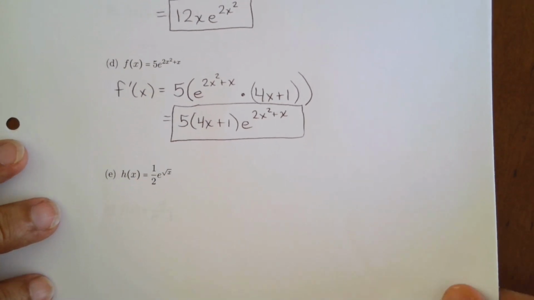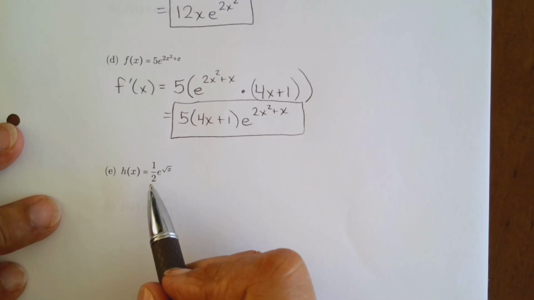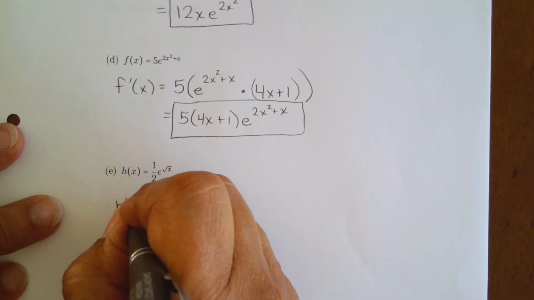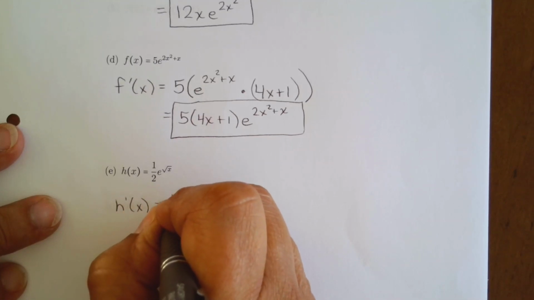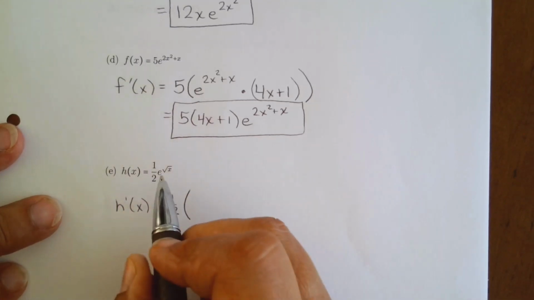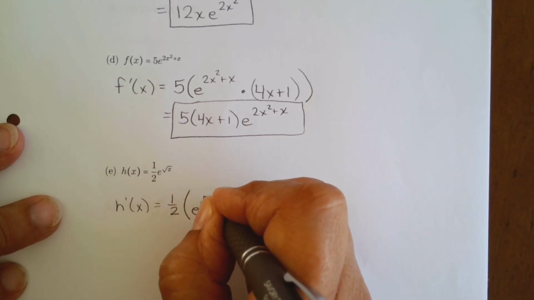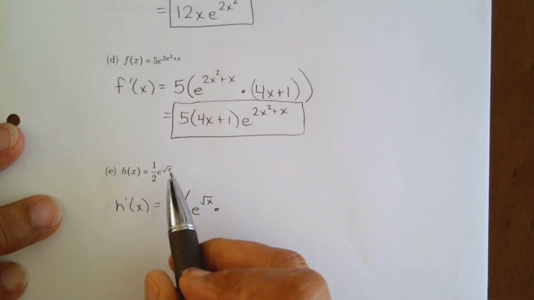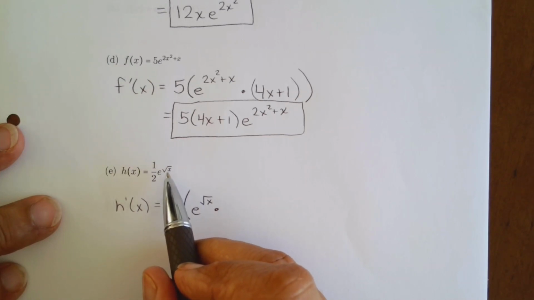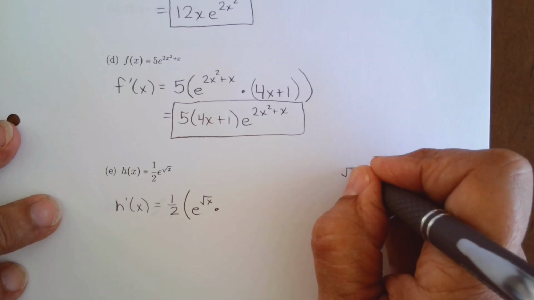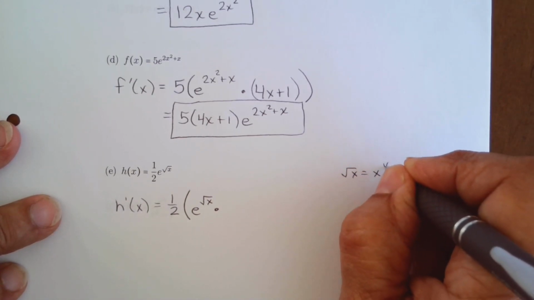All right, so part e again is 1/2, that's a constant, and then e to the square root of x is your function. So the derivative, leave the 1/2 there. Derivative of e to the anything is e to the anything times, and now we need the derivative of the square root of x. Remember the square root of x? That's x to the 1/2, right?